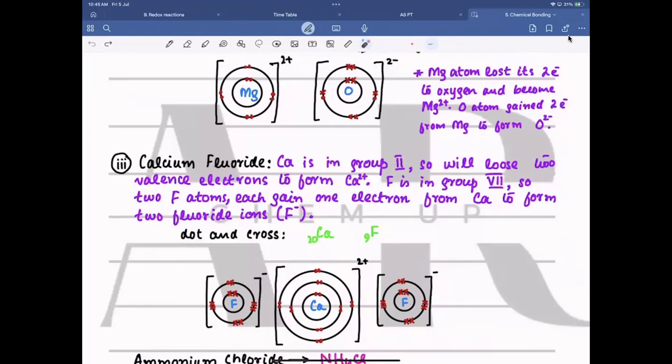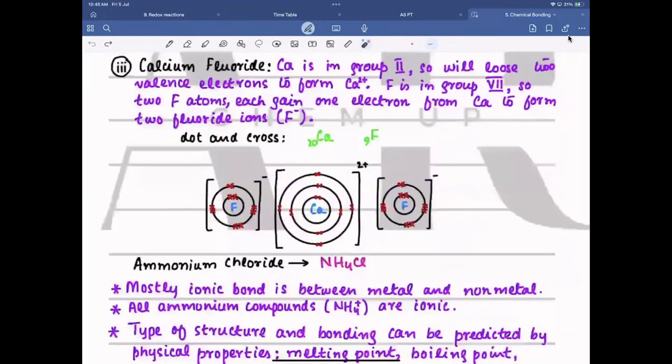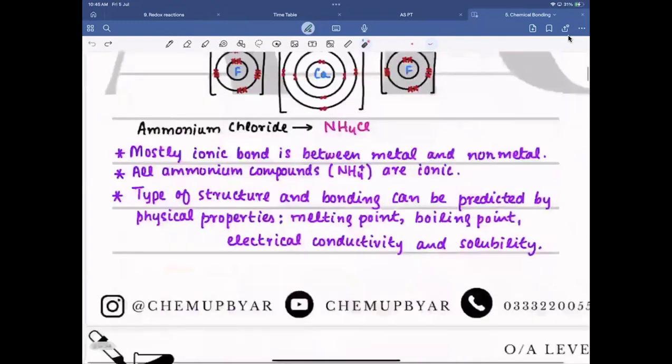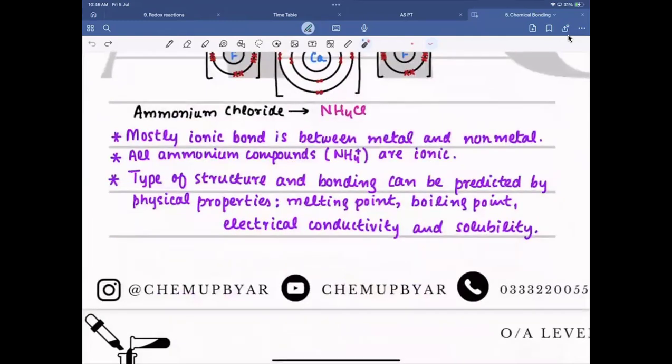Okay. Now we have our next compound, ammonium chloride. Tell me, is ammonium chloride ionic or covalent? It would be ionic. There is one misconception among students: usually we study in O levels that the ionic bond is between metal and non-metal, right?